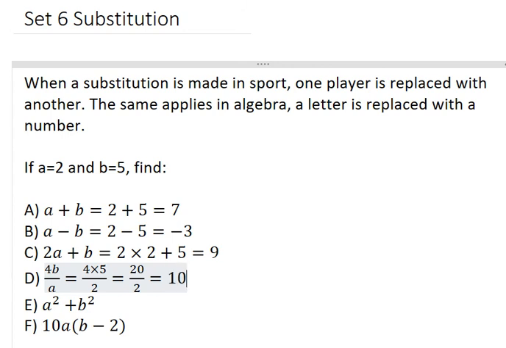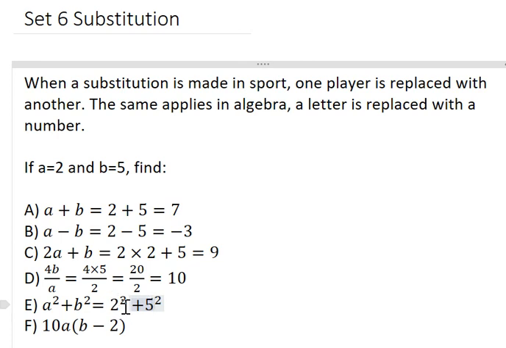Okay, E. We have A squared plus B squared. Now, instead of the A, we're going to write the number 2, because remember our A is 2. And instead of the B, we're going to write the number 5, because B is 5. So we have 2 squared plus 5 squared.